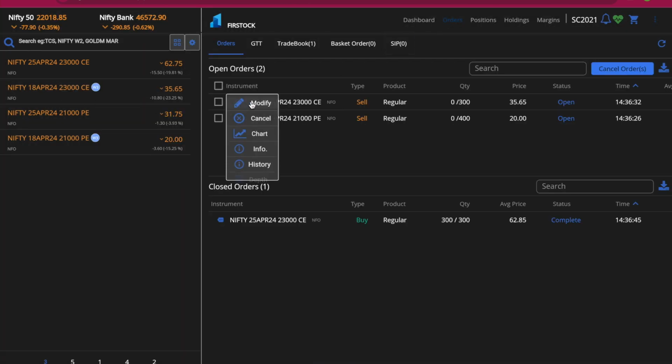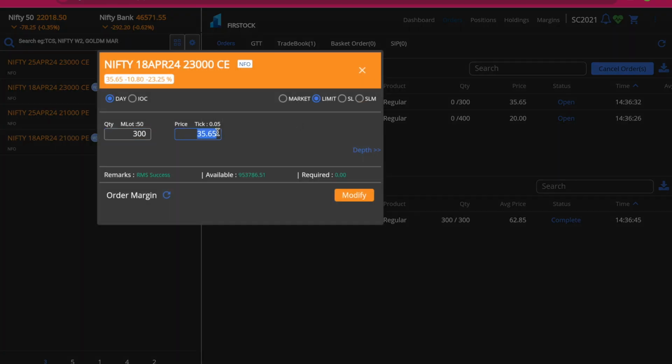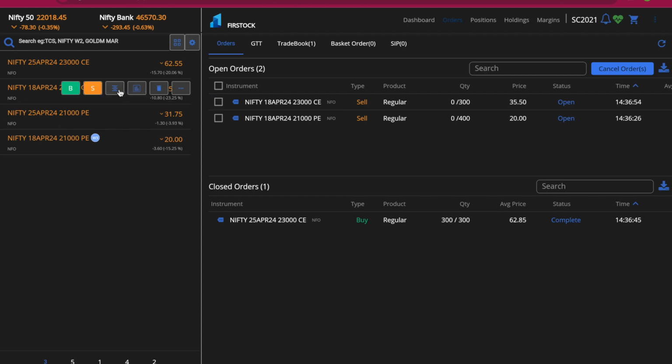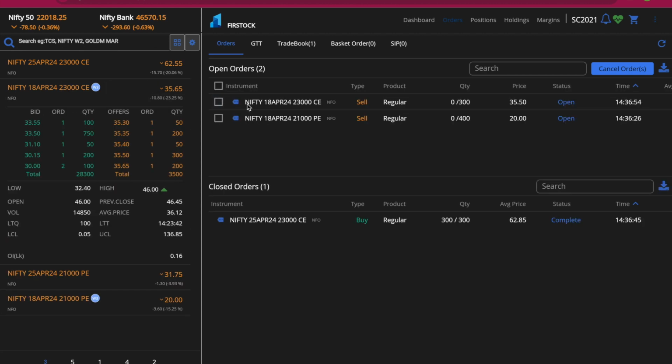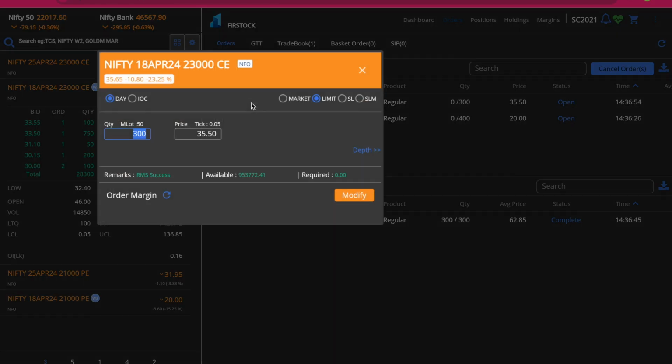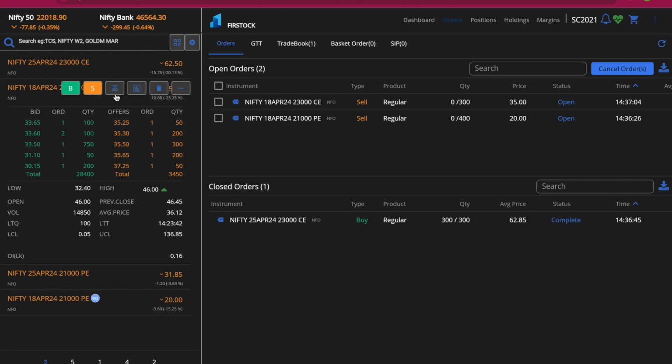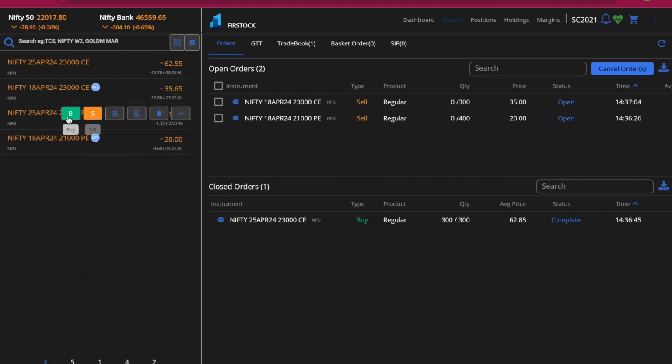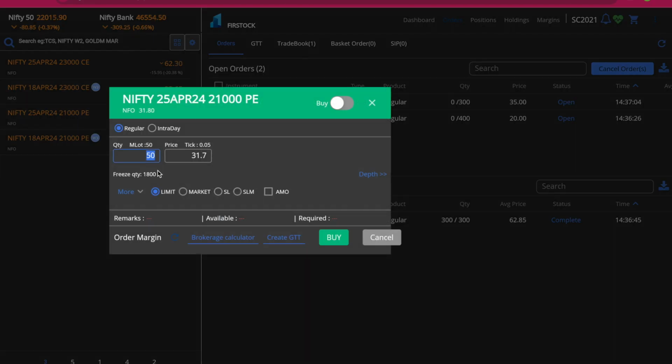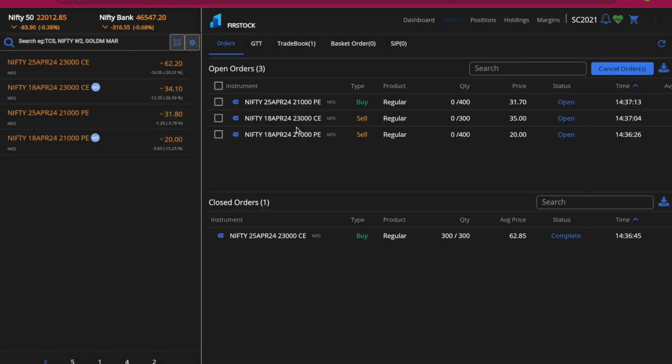CE is triggered, so we'll have to ensure that this gets triggered for 35.5. Okay, this is highly illiquid. 35. Okay, PE we just have to go ahead and buy, and this is PE that 8 lots. Buy.